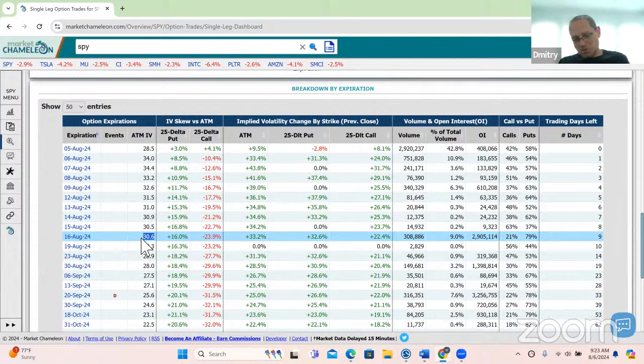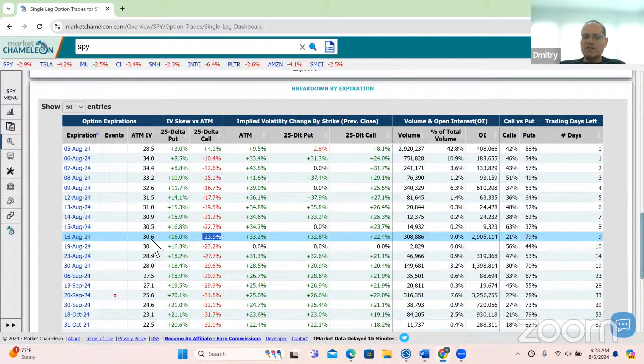Okay, what about the upside call? What if we found the 25 delta strike call and asked, is it 30.6? If it's not, how much is it different? Here it says it's 23.9% lower. Okay.